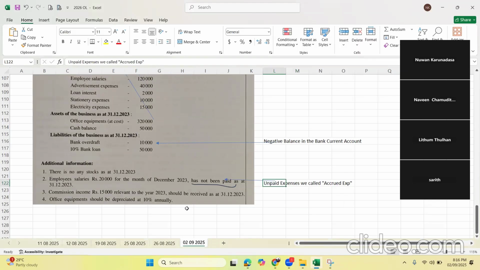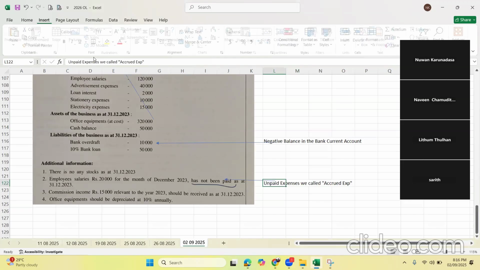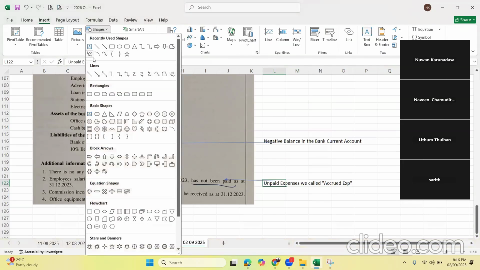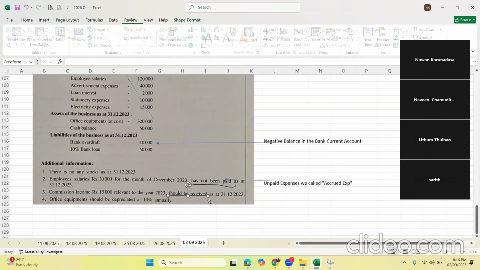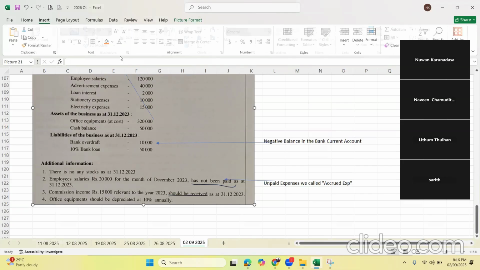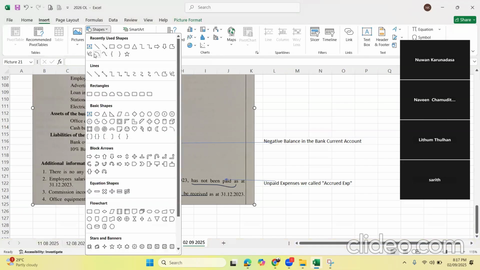Then commission income of 15,000 relevant to the year 2023 should be received as at 31st December 2023. Now you can see we haven't received the commission. It's a receivable, commission receivable. Very important.